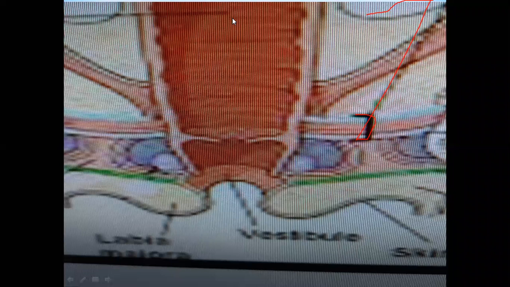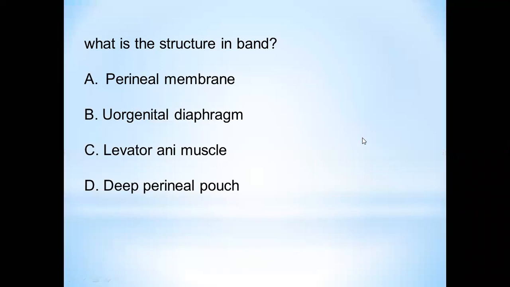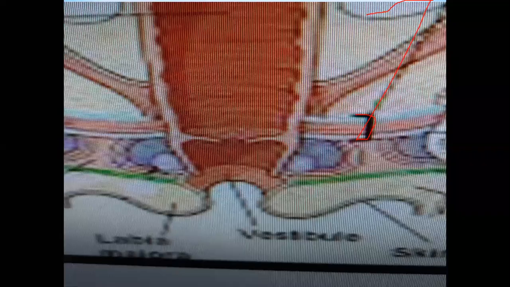Are you able to? Yes, ma'am. All right, so you can see here this mark, the bluish one. You will have to identify which structure this is. Your options are: perineal membrane, urogenital diaphragm, levator ani muscle, deep perineal pouch. Can I see the picture again, please? Yeah, sure, please.